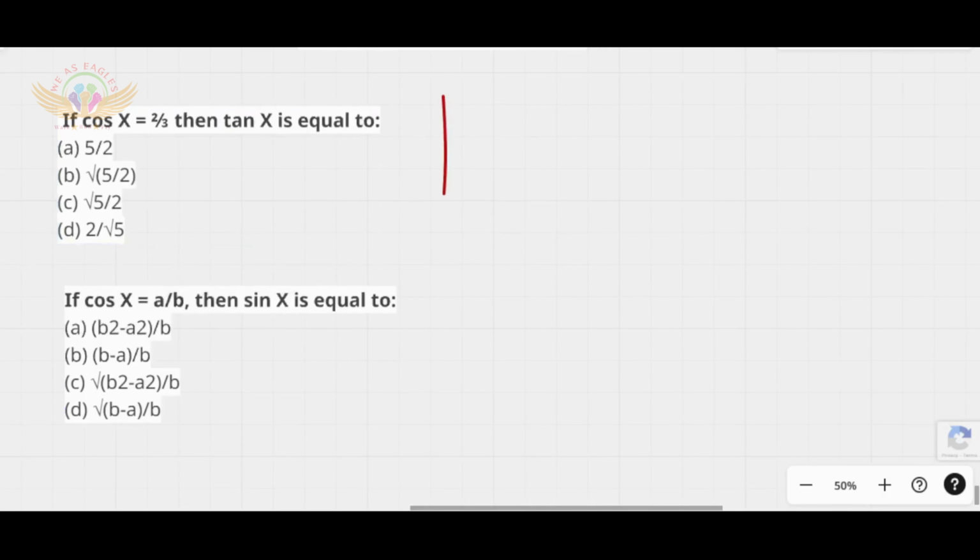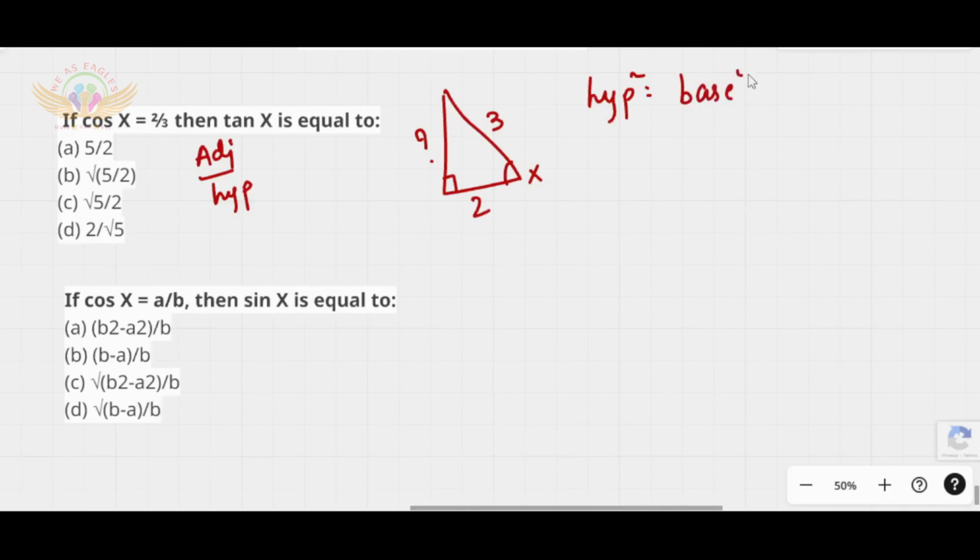I'm going to take a right angle triangle here. I'm taking this as 90 degrees and this angle as x. Cos x is 2 by 3. Cos means adjacent by hypotenuse, so adjacent is 2 and hypotenuse is 3, and we don't know the height. We all know by Pythagoras theorem that hypotenuse square is equal to base square plus height square.